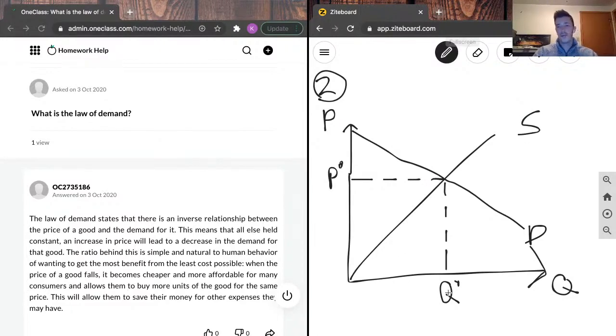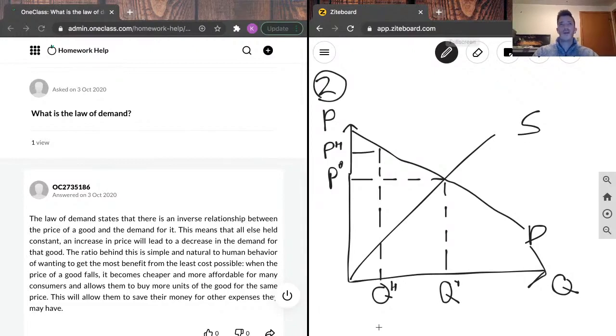P star. So as far as the law of demand goes, we can see that if we have a high price, I'll denote that PH, we're going to have a low quantity demanded.